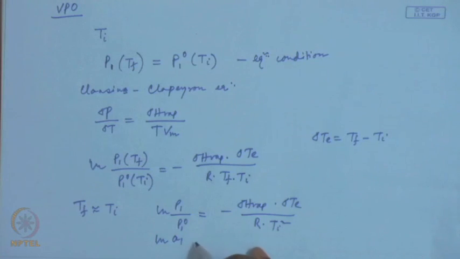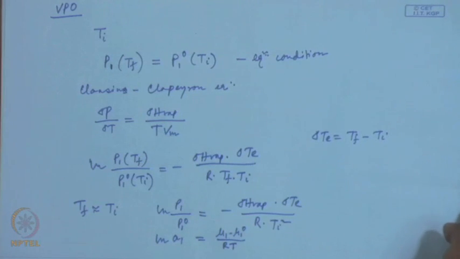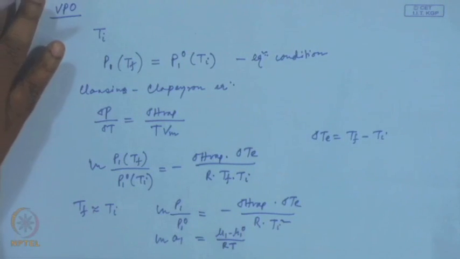From thermodynamics we can write A1 as mu 1 by mu 10 by R T. Remember, this is for T I, the initial thermostated temperature of the medium. If you just write T, it means the initial temperature of the thermostated chamber.